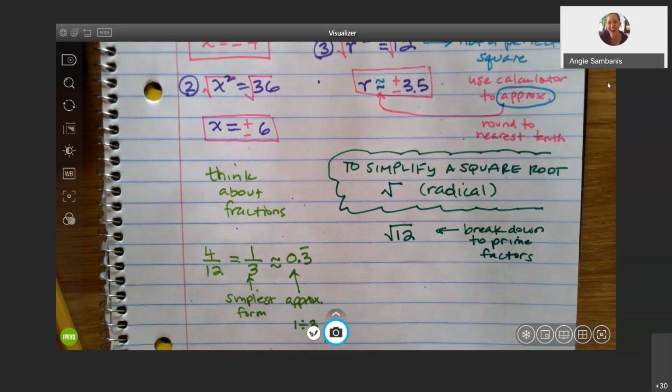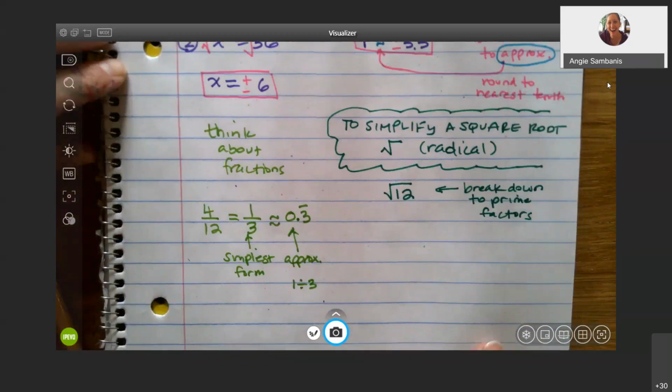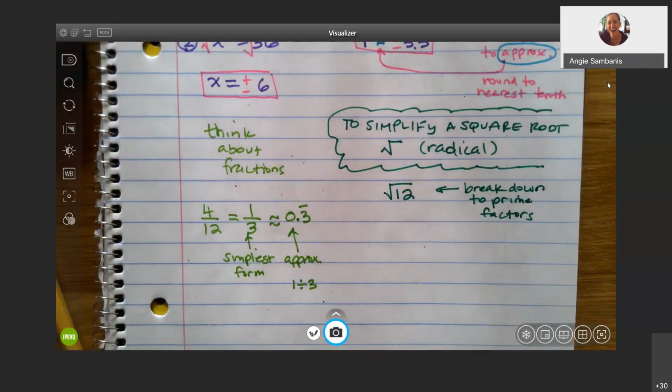So we're going to think about what times what. Now this is not perfect squares, so we're just talking about factors in general. What times what gives us 12? What are some factors of 12?